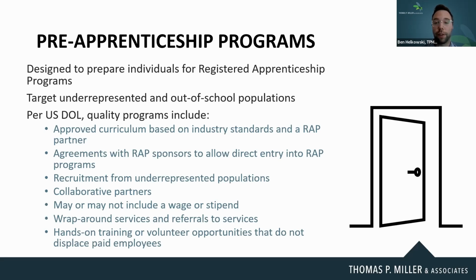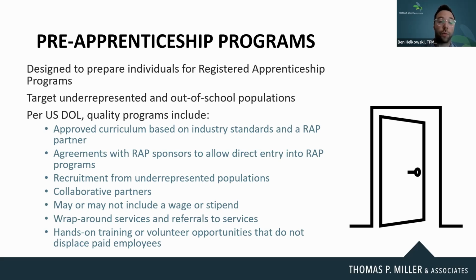According to the U.S. Department of Labor, quality programs include approved curriculum based on industry standards and a registered apprenticeship partner, agreements with registered apprenticeship sponsors to allow direct entry into registered apprenticeship programs, recruitment from underrepresented populations, collaborative partners such as trade associations, other businesses, and institutions of education.